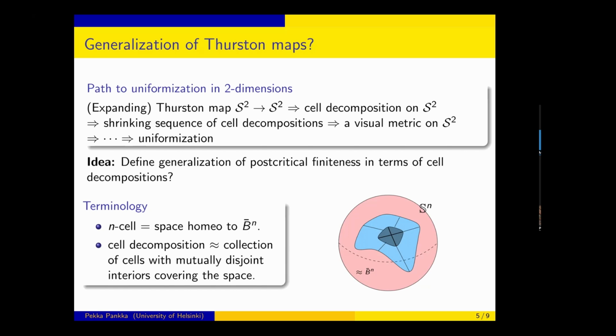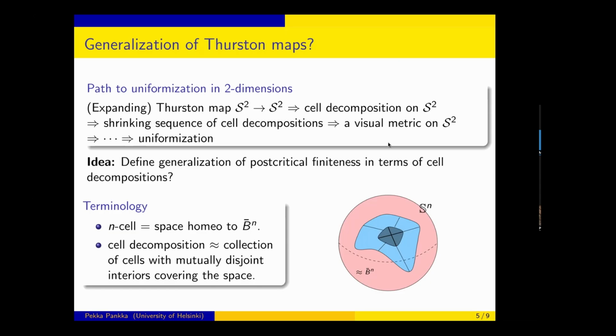So what you have is that the boundaries of the n-cells consist of n-1 cells, and then you can go to lower dimensions, and in the intersections you will always see lower dimensional cells.